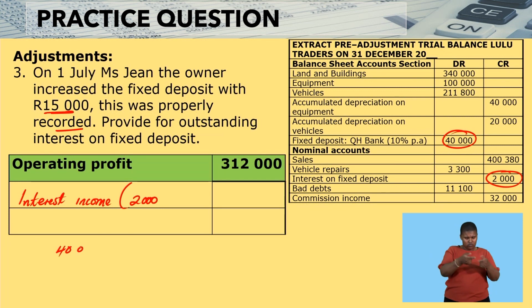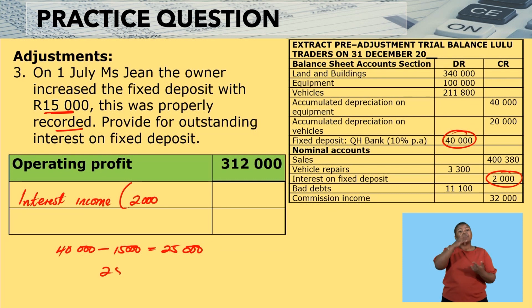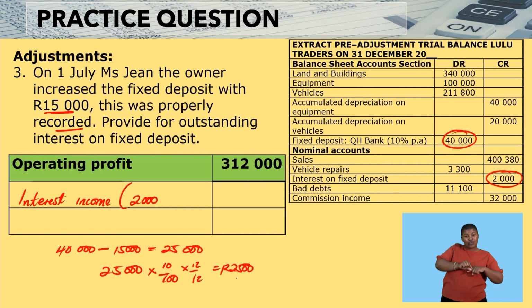So I say 40,000 minus 15,000, which gives me 25,000. This is the fixed deposit that we had for the entire year. So I take 25,000 multiplied by 10 over 100, multiplied by 12 over 12, which gives me 2,500.